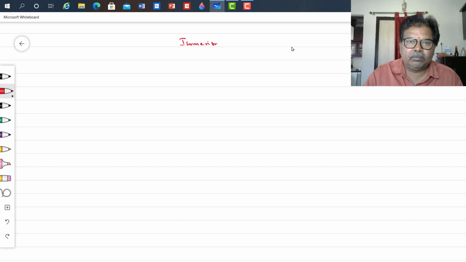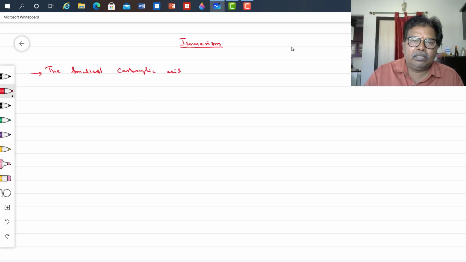Isomerism. The smallest carboxylic acid that can exhibit optical isomerism.